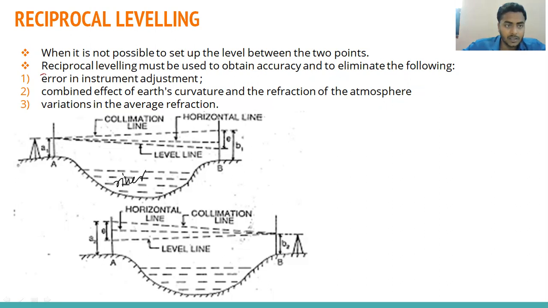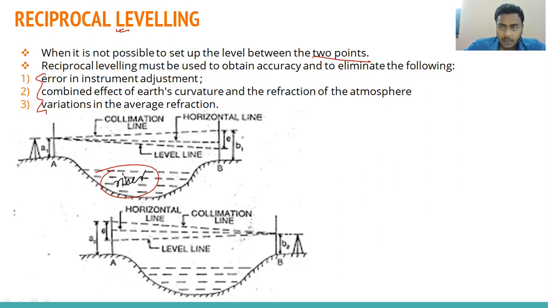So these three types of error that we get in general leveling, we can reduce by doing the reciprocal leveling. So reciprocal leveling is required when it is not possible to set up the level between two points or two stations. Like in this figure, this is the river. So we cannot keep the leveling instrument in between A and B. So in this case, we can go for reciprocal leveling.